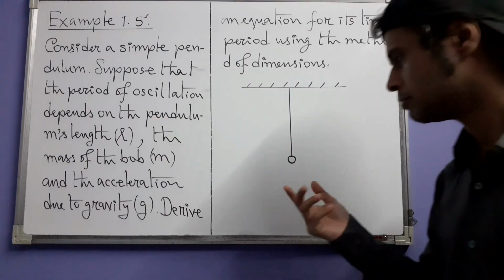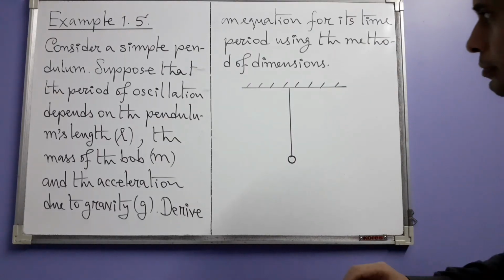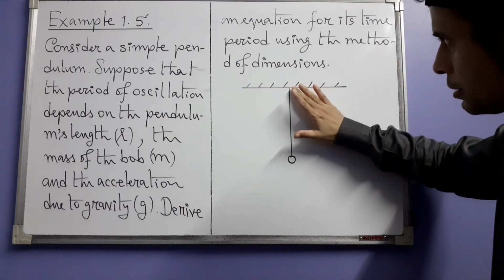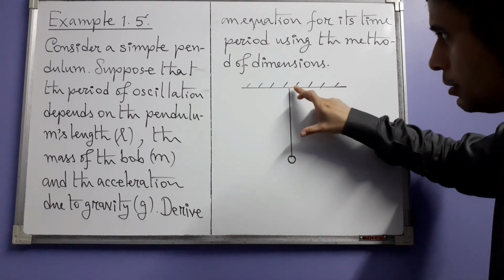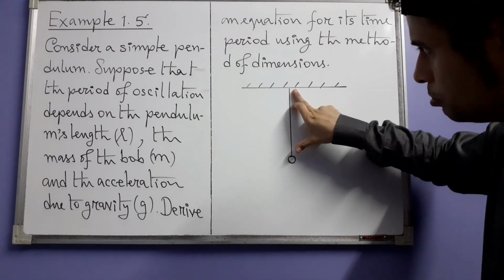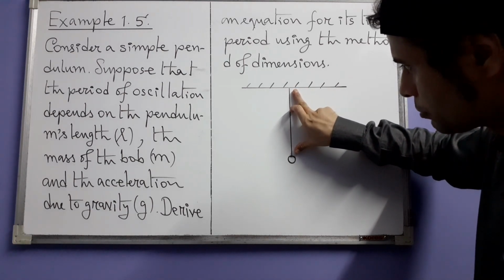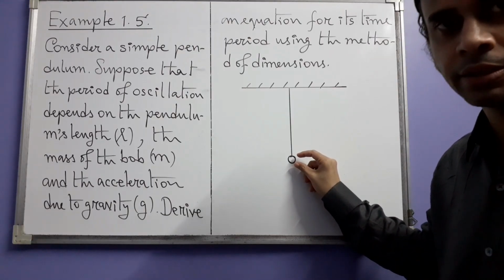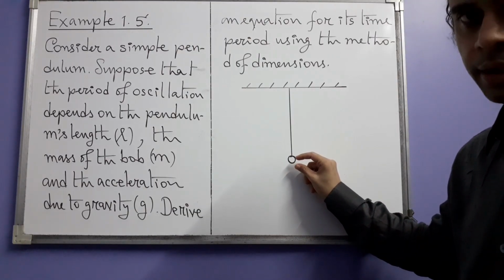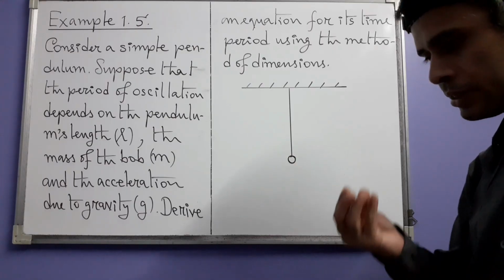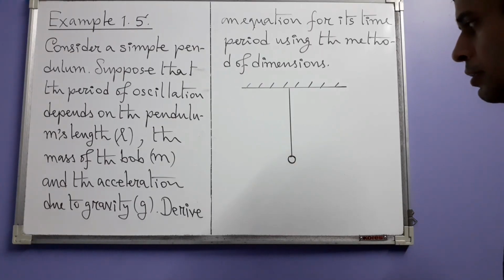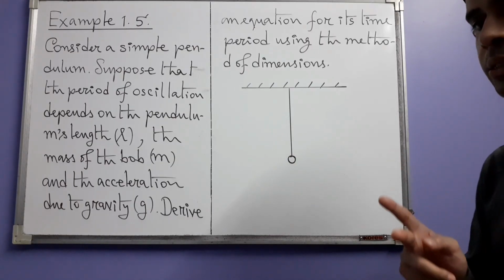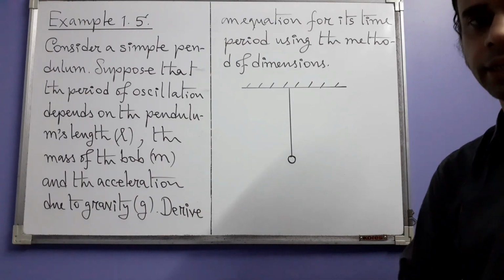Well, you may notice one thing, that actually the pendulum length should be the length of the string plus the diameter of this sphere if you are having the bob as a sphere or a ball. But two things are being ignored here.